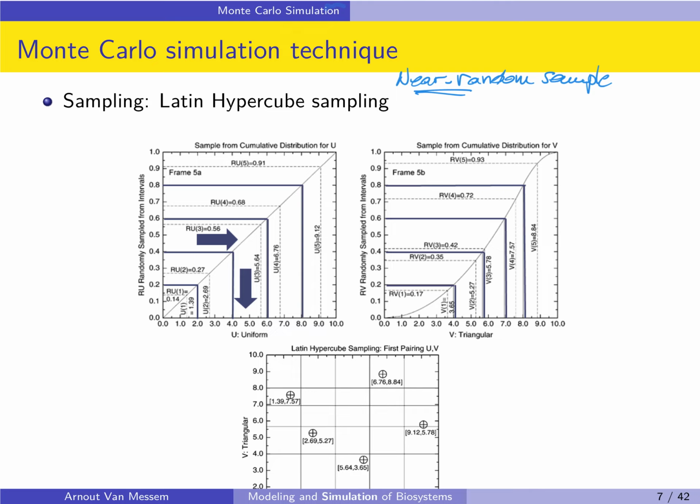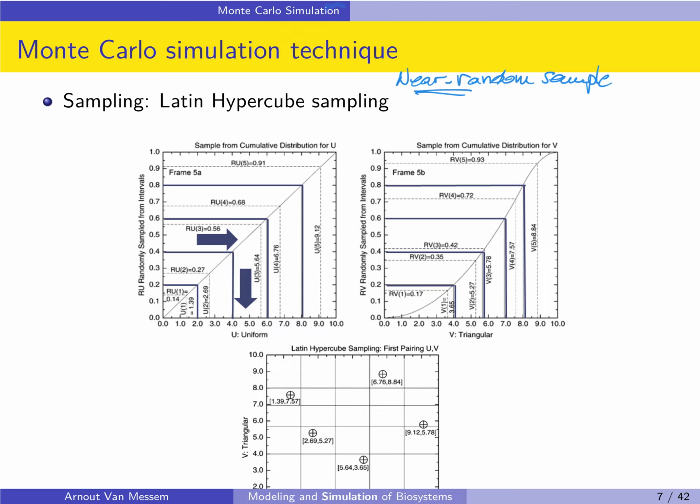So for example, for the random variable u, we have in the first interval a random probability of 0.14, which corresponds to a value of u of 1.39. The second interval we had a random value of 0.27, corresponding to a value of u of 2.69, and so on. So we do this for u, and we do this also for v.